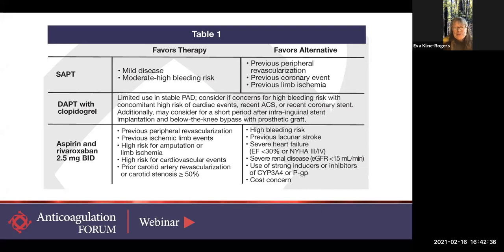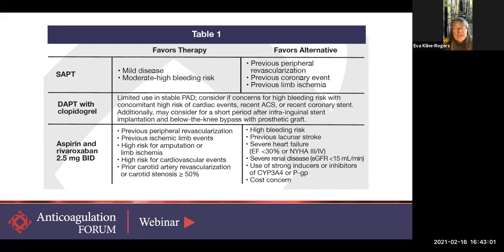When do you use DAPT with clopidogrel? There's actually limited use in stable PAD, and consider it if there's concern for high bleeding risk with concomitant high risk of cardiac events, a recent ACS, or a recent coronary stent.